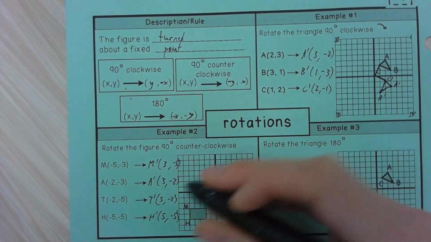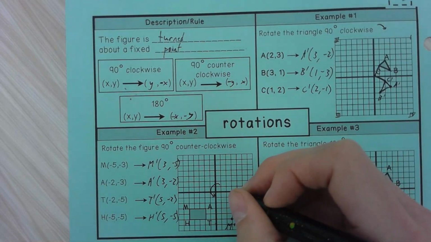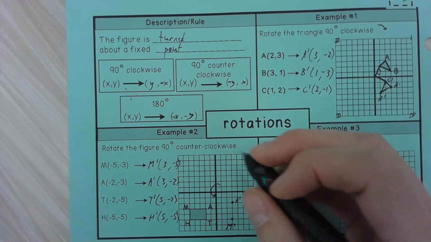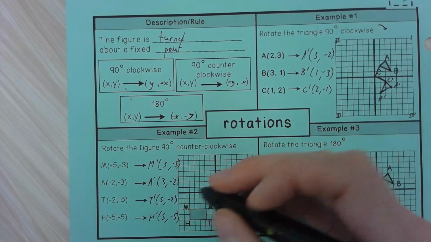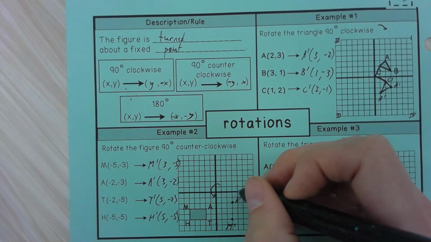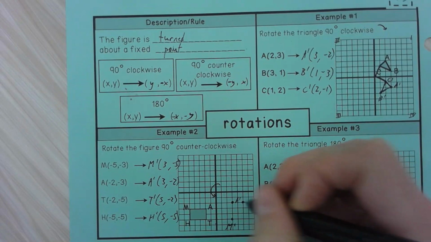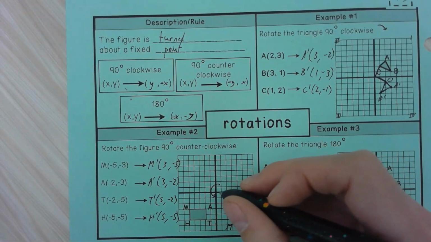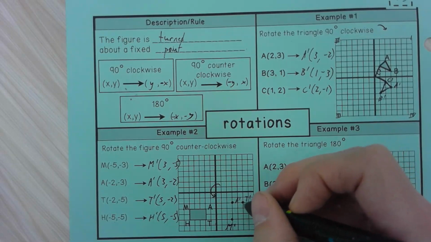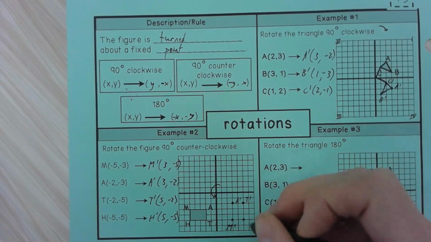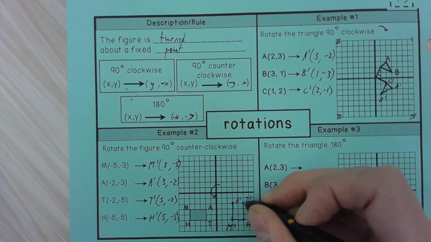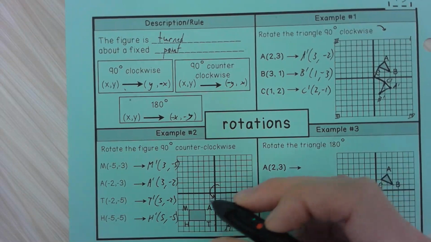So now A is going to be at 3, down 2. Our T prime is at 5, down 2. And our H prime, 5 in the positive direction and 5 in the negative direction. And there's our rectangle. Notice the rectangle has been turned 90 degrees.